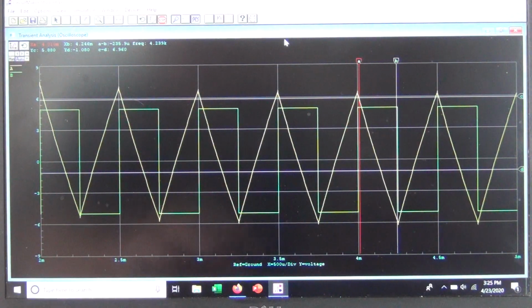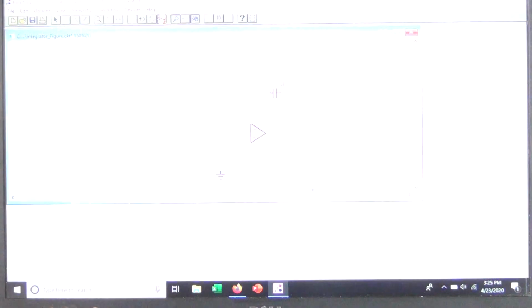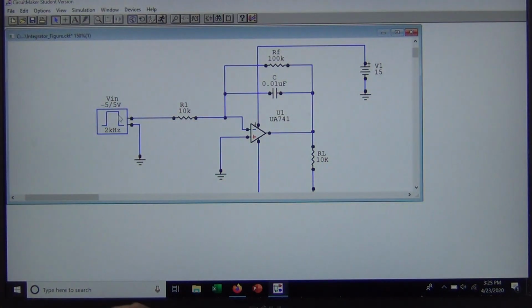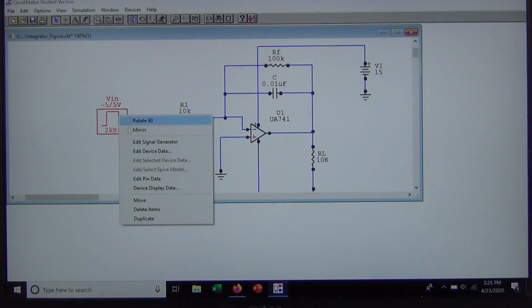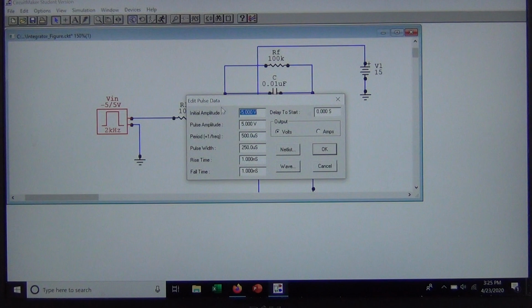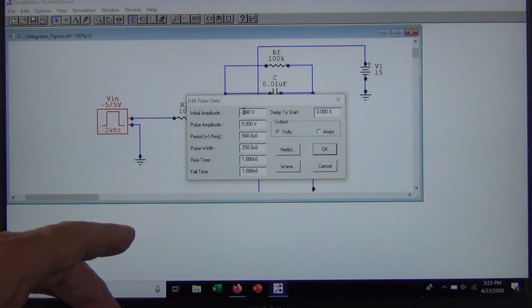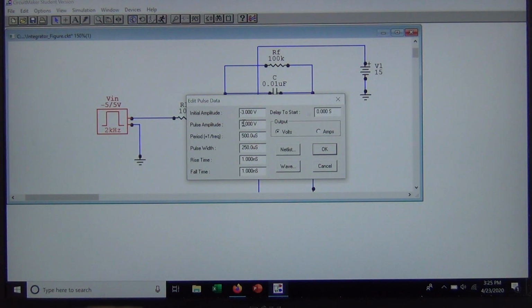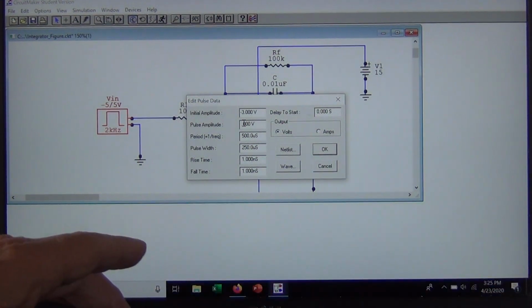In the experiment, I believe I ask you to change the voltage. So I'm going to stop this and edit it, and I think we're supposed to go from -3 to +3. I think that's what I ask.